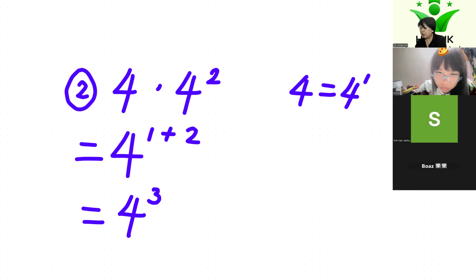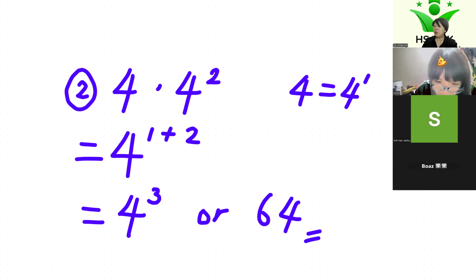You see, 4 to the third power, and then you press equal, and then you will have 64. So you can give me this answer, or you can give me 64. Both would be fine.